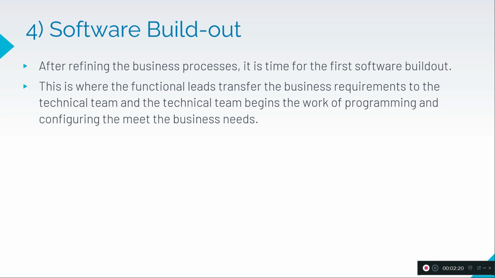This is where the functional leads transfer the business requirements to the technical team, and the technical team begins the work of programming and configuring to meet the business needs. Here we are making changes in the product software as per the requirement, and creating the first software build out.